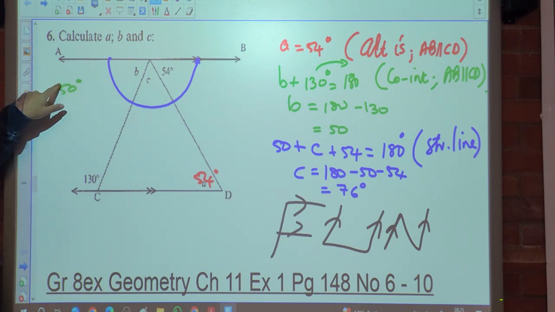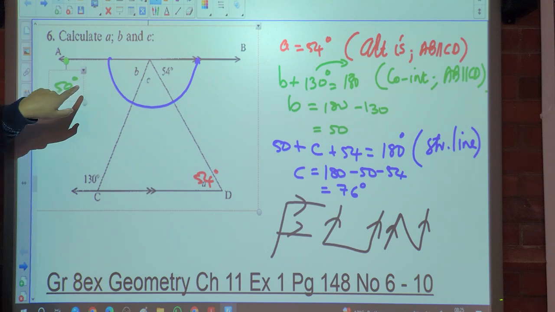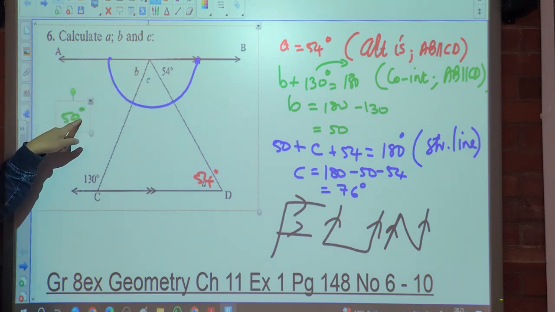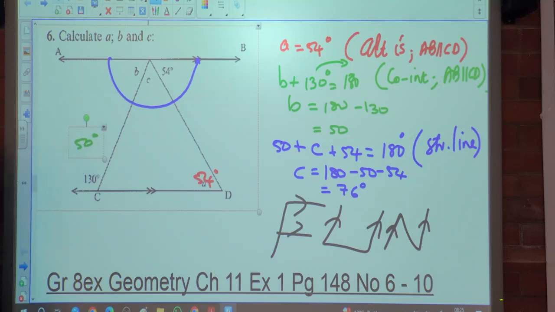Well, what does this 50 degrees mean? It's the angle. So that 50 degrees could be written there, could be written here. As long as it's between these lines, it's still 50 degrees.